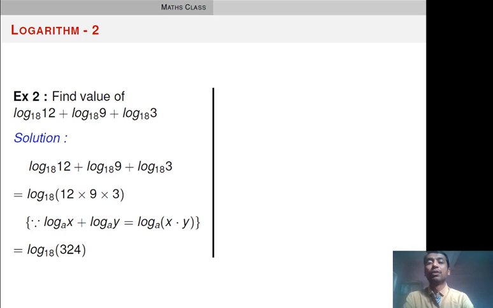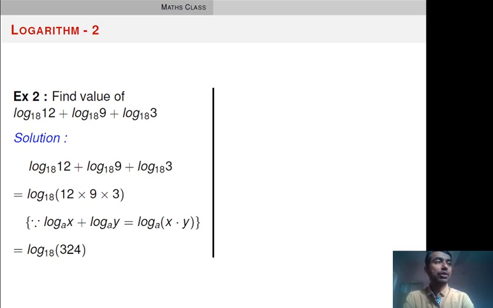Now question is find out value. It means we have to do something to remove log function, and for that, if you remember the first lecture, we will convert 324 in terms of some power of 18. Check is it possible or not.